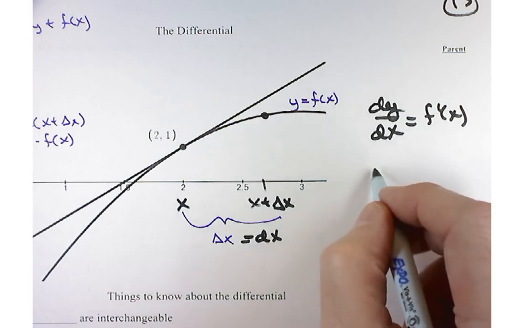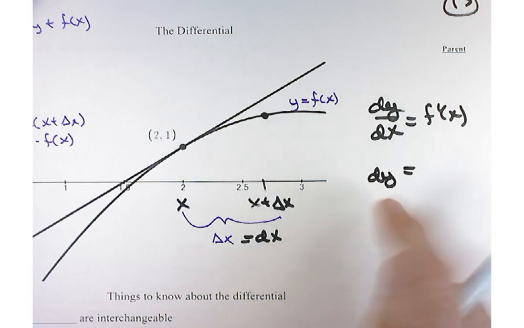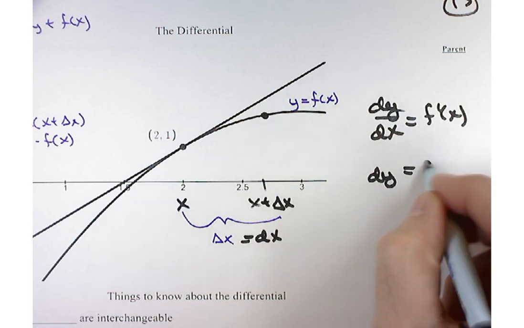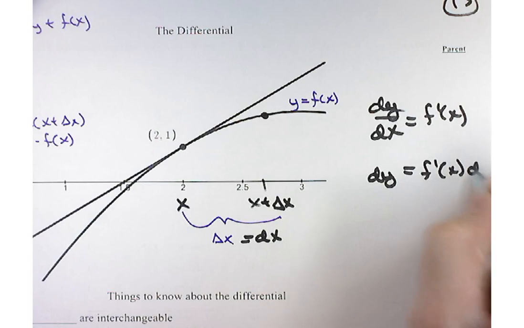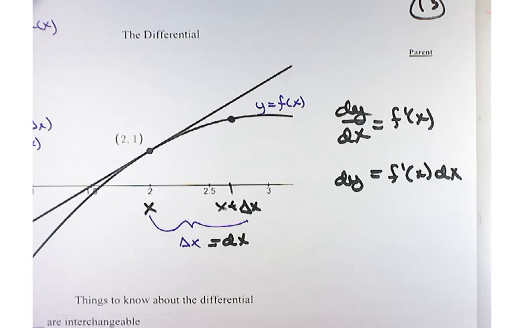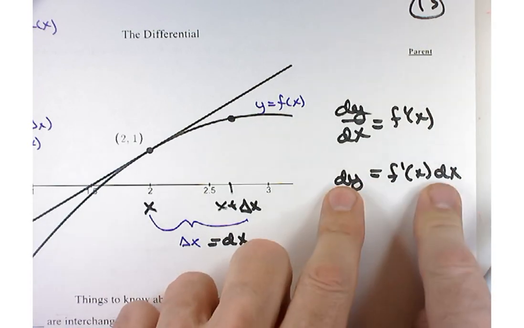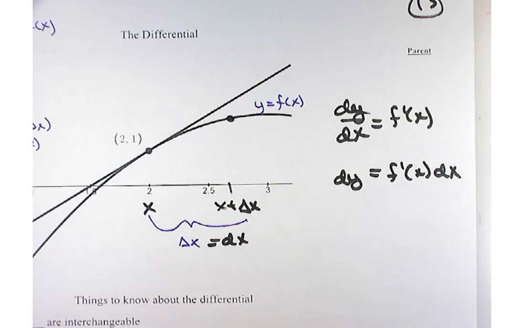And that allows me to multiply both sides of this equation by dx and get dy as f prime of x dx. So now I got an explicit expression for that numerator term. Here we can start seeing the genius of Leibniz notation here, because it allows this kind of interpretation of the slope of a tangent line.